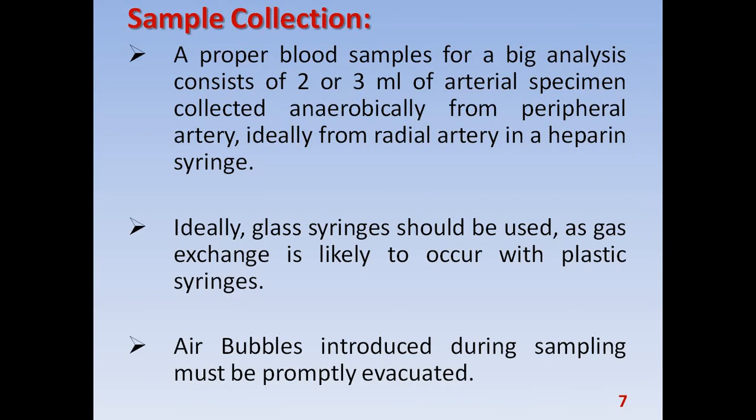So in this kind of situation, ABG is not indicated, and the blood sample can be taken from other areas like the femoral artery or brachial artery, not from the radial artery. Okay. So that is the modified Allen's test, and it should be done before taking the sample.